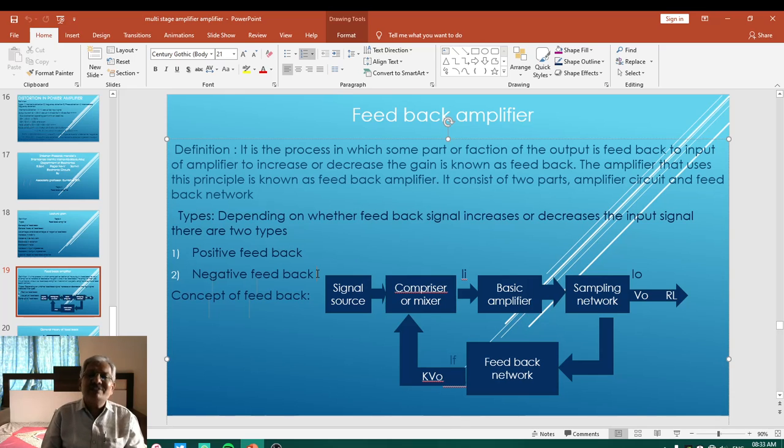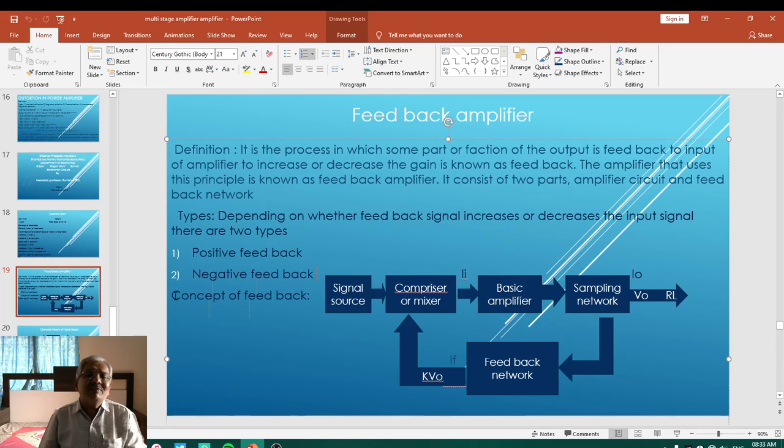Friends, let us proceed to study the meaning or concept of feedback. What is the concept of feedback? As we have studied in the definition of feedback, it is a process by which some part of the output signal is picked up and given back to the input in the form of a feedback signal.